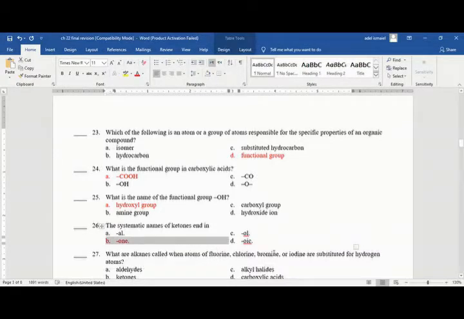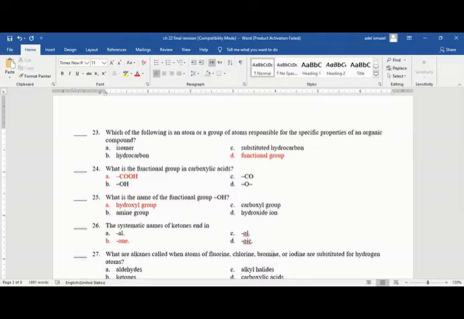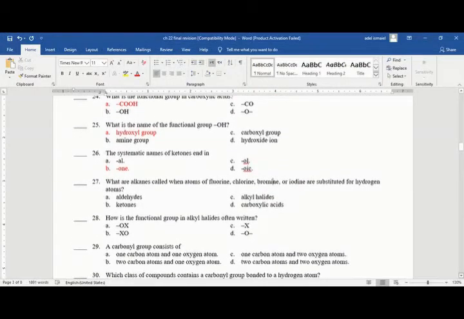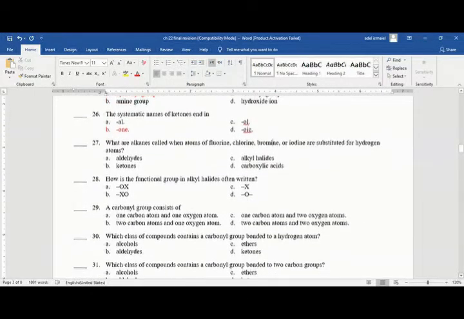Okay. What are the alkanes called when atoms of fluorine, chlorine, bromine or iodine are substituted for hydrogen atoms? So these are halogens. When they are connected to the hydrocarbons instead of hydrogen atoms, it forms alkyl halides.